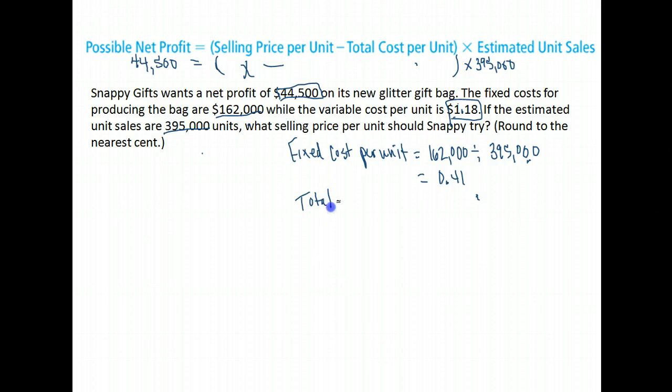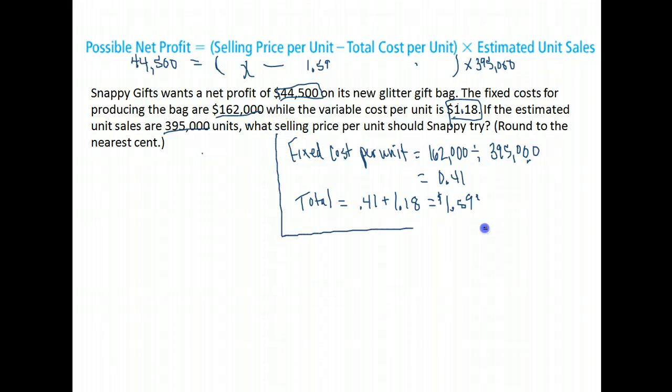Let's find the total cost per unit. That would be the 41 cents we just found for the fixed cost, plus the $1.18 for the variable cost. That gives us $1.59. Okay, so our total cost per unit is $1.59.